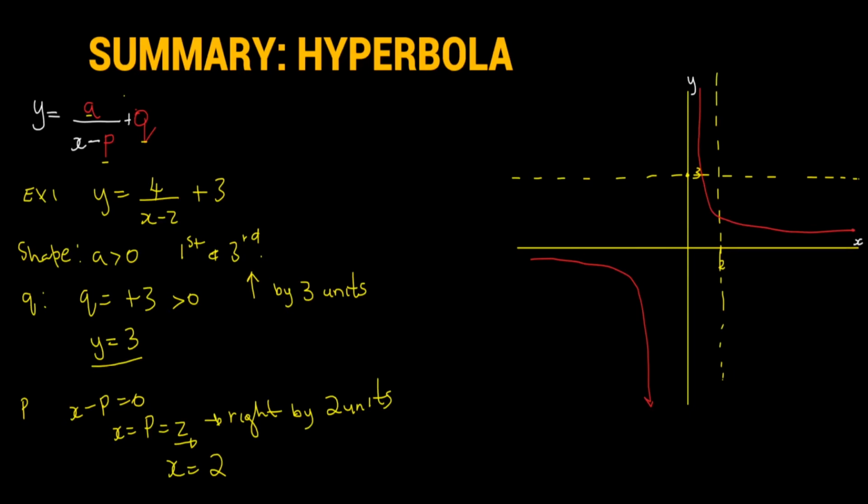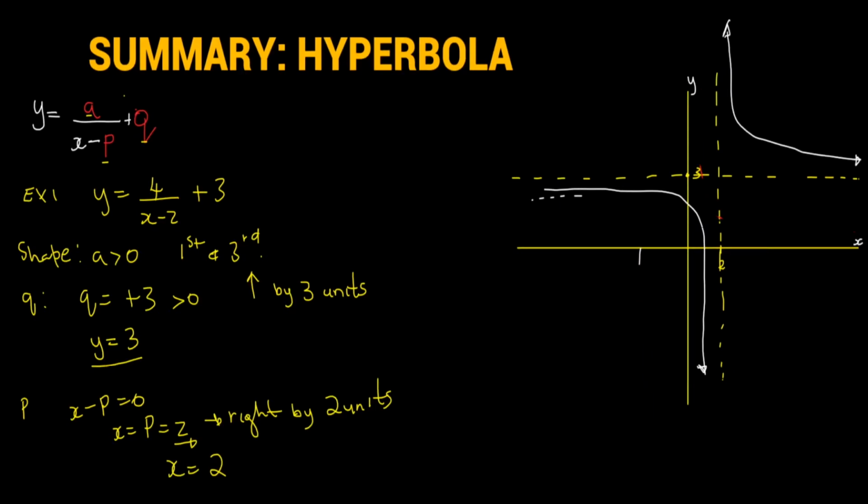Without doing the points, I want us to shift this graph 2 units up and 2 units to the right. When we shift it up, it's going to be here. We shift it 2 units and also to the right, so it's going to be something like that. So we shifted that. Now I'm going to remove it so that you do not get confused.